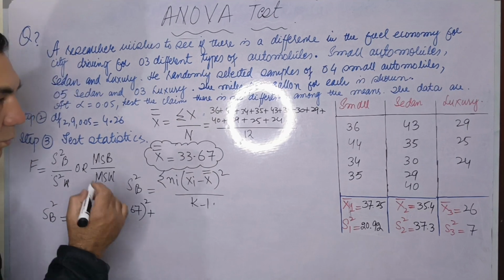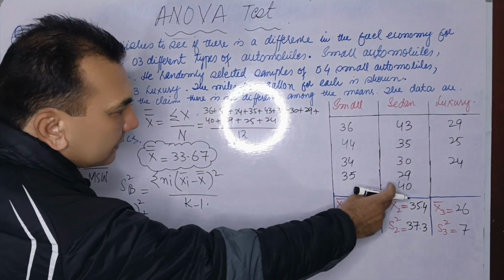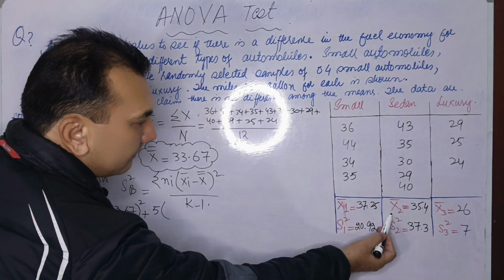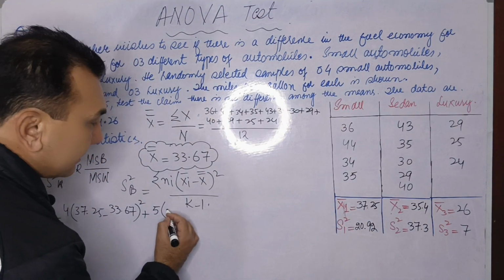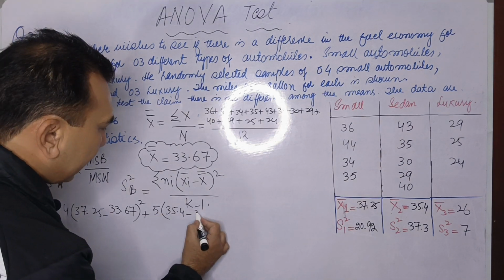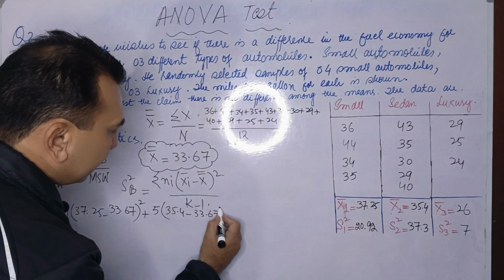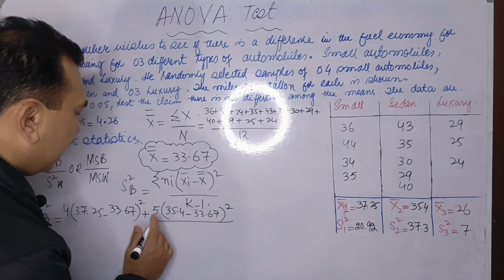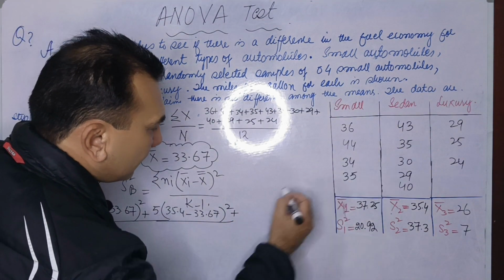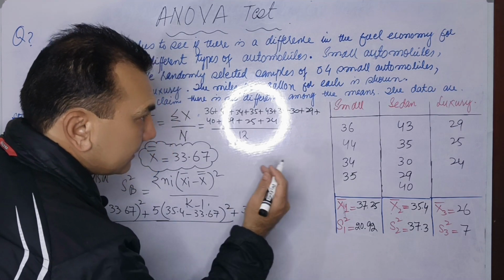Then again, what is the number? The sample size is 5. And what is the sample mean of this second sample? 35.4 minus the grand mean, 33.67, squared. Then again, what is the third sample size?